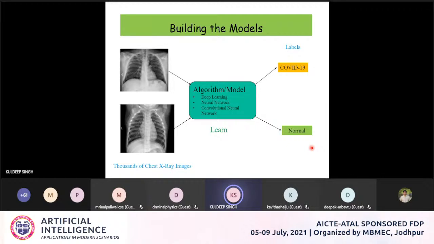So the idea of learning here is, each chest X-ray image in the training set will have a corresponding label. It is the task of the algorithm or the model to learn those representations or features from these X-ray images which help them to differentiate between these two classes.